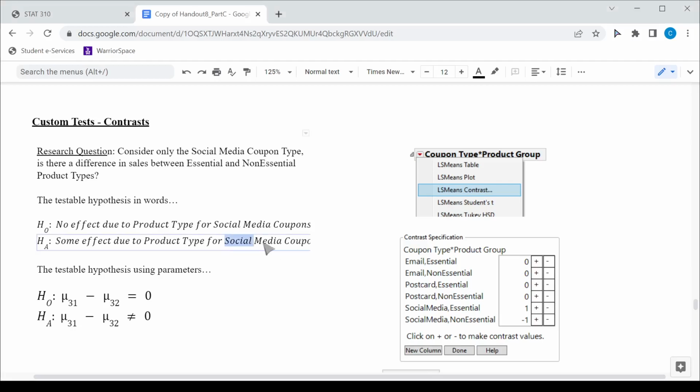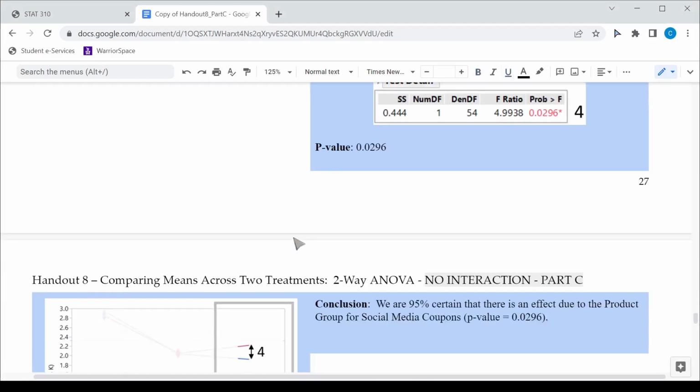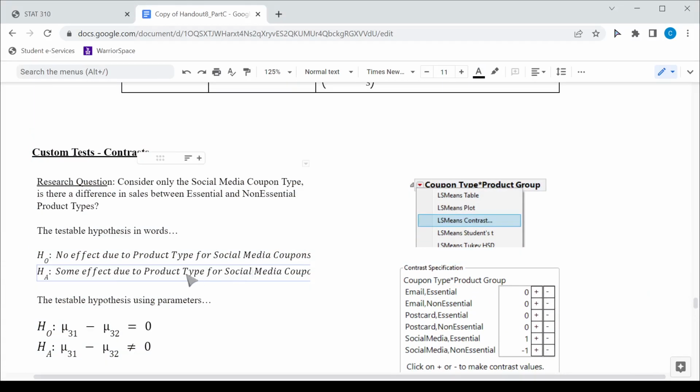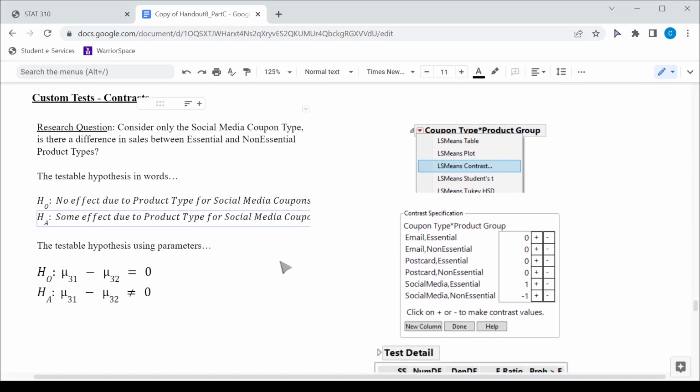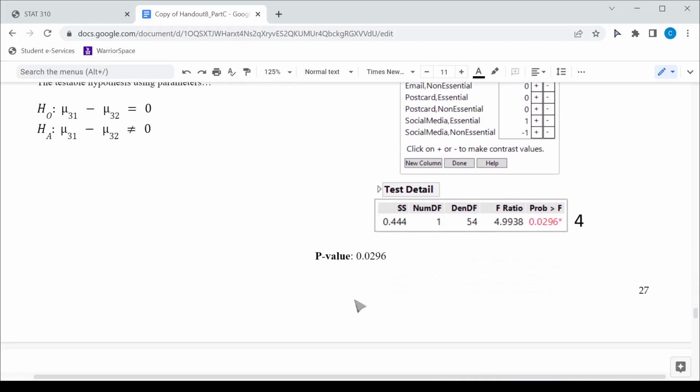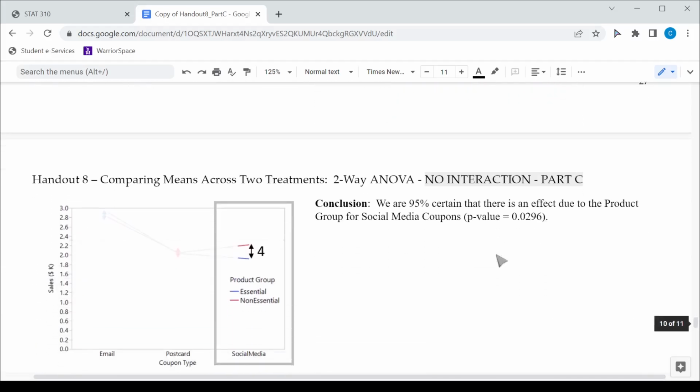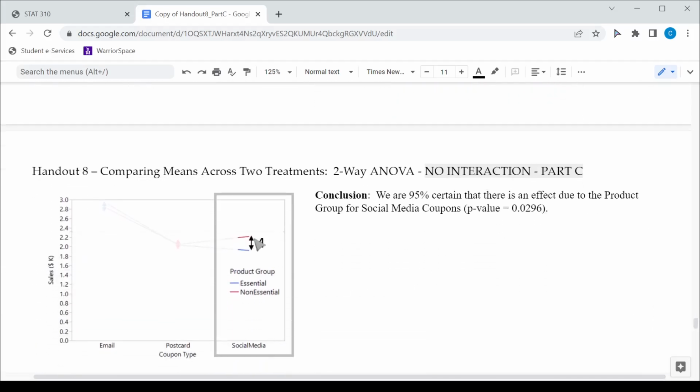So again, isolating just on social media, can I say I have differences between the two product groups? And again, I'm going to gain power here because I'm combining information. And here that p-value is significant, so I can say that that is a significant change over here on the right-hand side. So that little gap there on the right-hand side is significant.